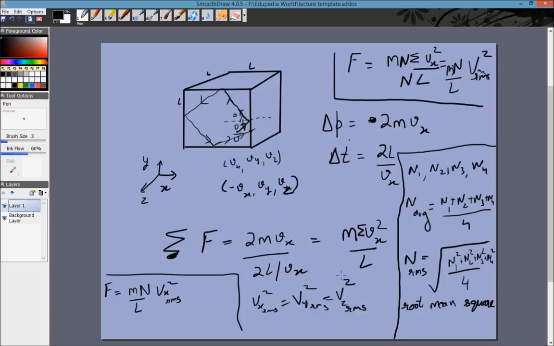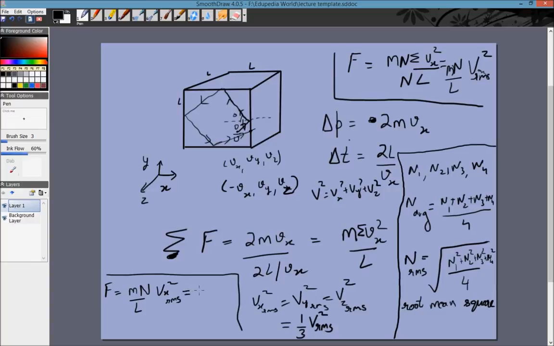So x, y and z directions are completely equivalent. However, the sum of these will be V RMS squared, because V squared is equal to Vx squared plus Vy squared plus Vz squared. So the sum of these three is equal to V RMS squared, and each of these three are equal, so each of these three is equal to a third of V RMS squared.